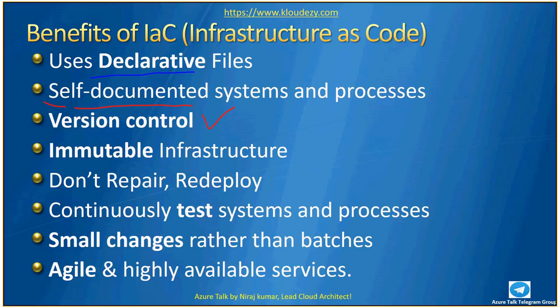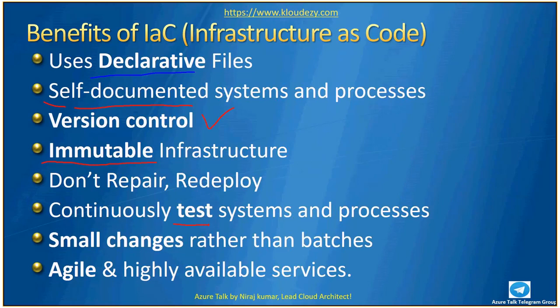You're using tools like PowerShell DSC, or Ansible, or Terraform, or Chef or Puppet to make sure that there's no configuration drift. So that truly gives you the ability to have immutable infrastructure. And then you have other benefits where you can continuously test your system. If you want to make any changes, you will be making changes in smaller bits and pieces, not the entire thing.